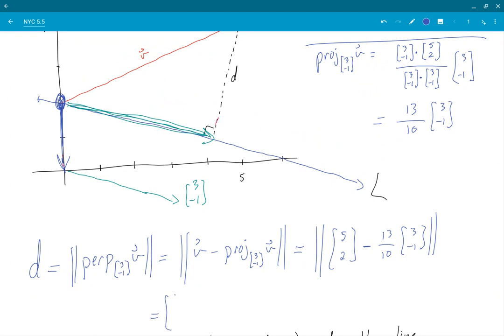We get 5 minus 39/10, 2 plus 13/10, and then that's 11/10, 33/10.